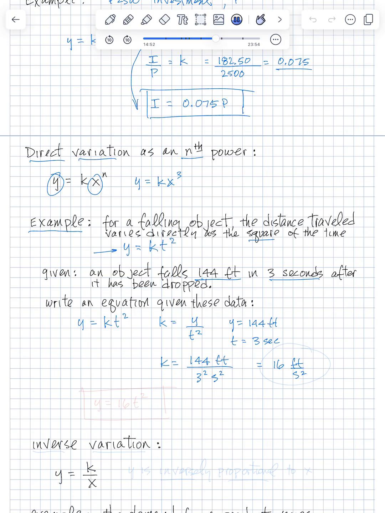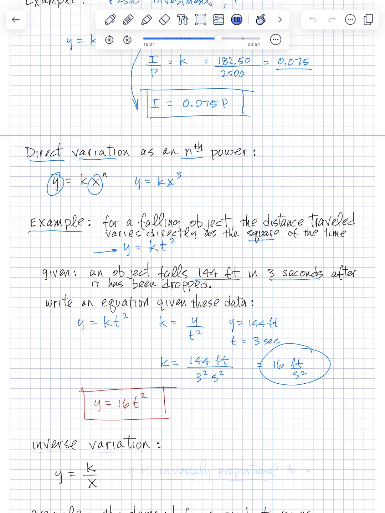Once we have the value of k, then we put it back into the original equation. So I'll write that in red. So y is equal to 16t squared, which is the equation you came up with after you solved for the value of k.